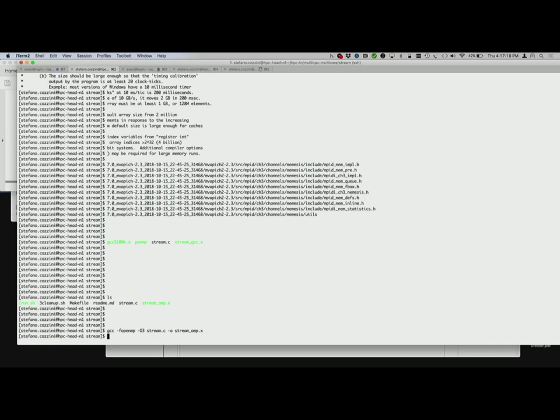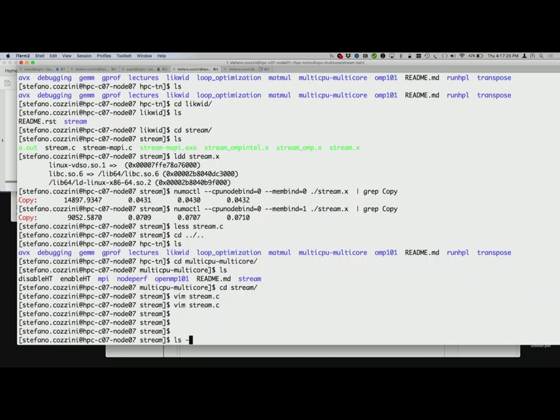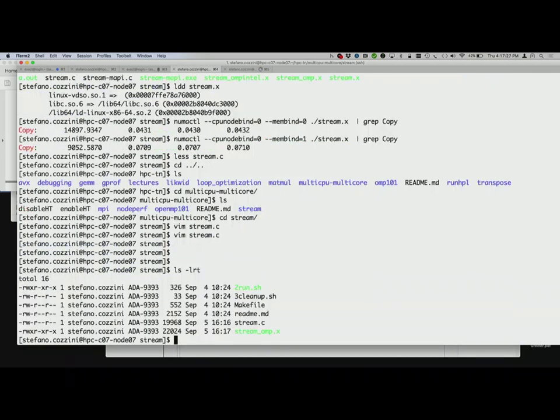Okay. Now it's coming back. So I recompiled the code and now let's run again and see if it is true.